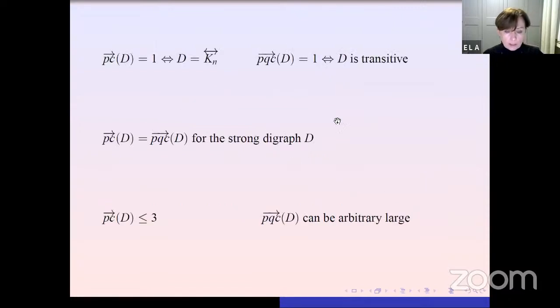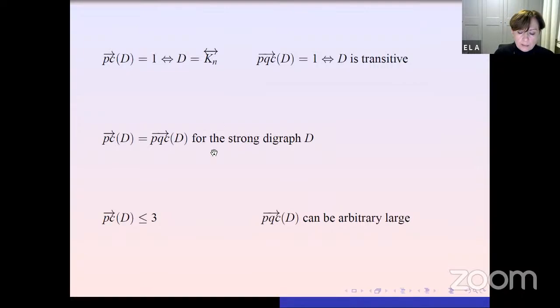Okay, so let's compare these two parameters. The proper connection number is equal to 1 if the digraph is complete. The proper quasi-connection number is equal to 1 if and only if D is transitive.